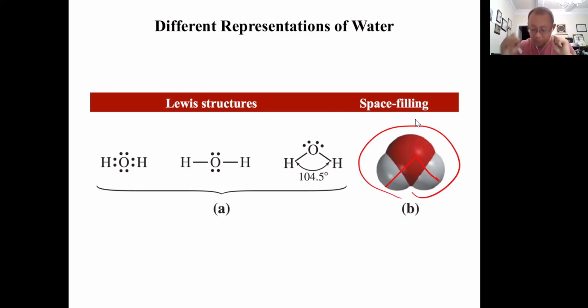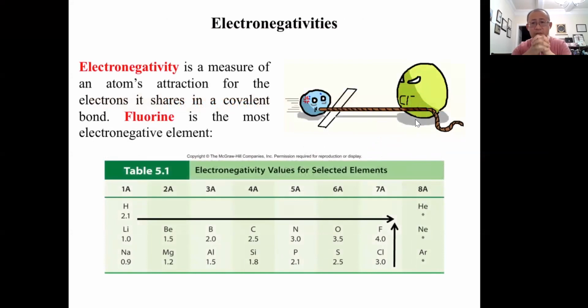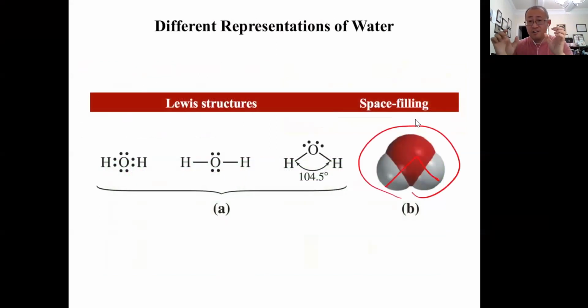Now, after we know that, let's take a close look at the OH bond. When oxygen and hydrogen are bonded together, they're sharing electrons, basically a pair of electrons between the oxygen and each one of the hydrogens.